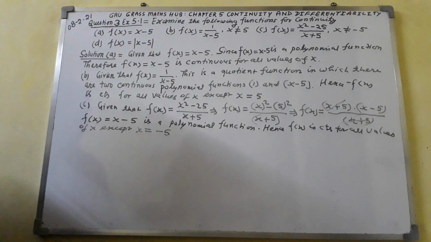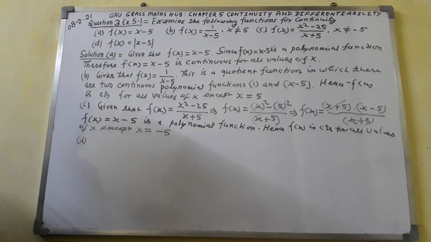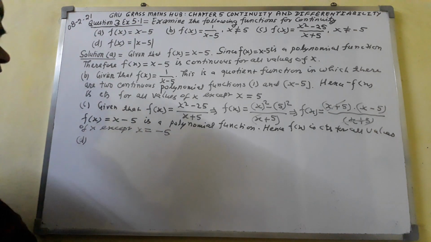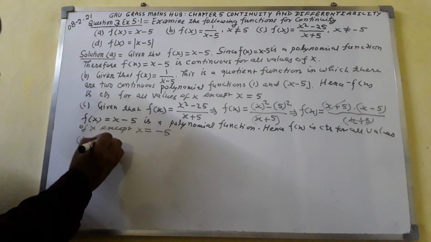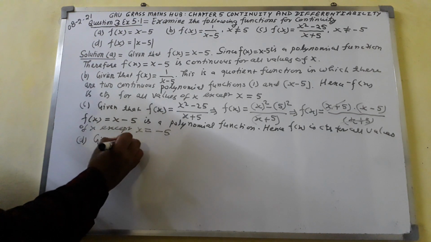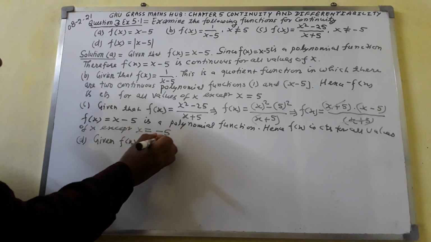Now I shall tackle question number D. Let us see what D says. Given f of x equal to mod x minus 5.